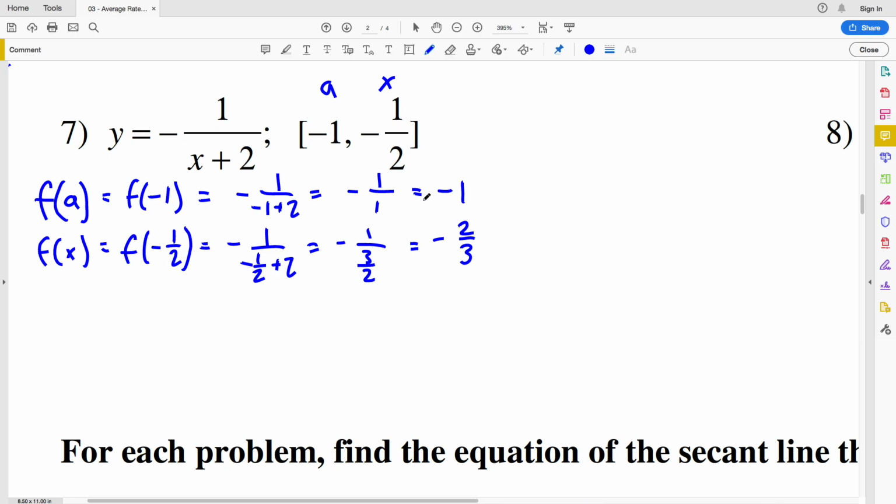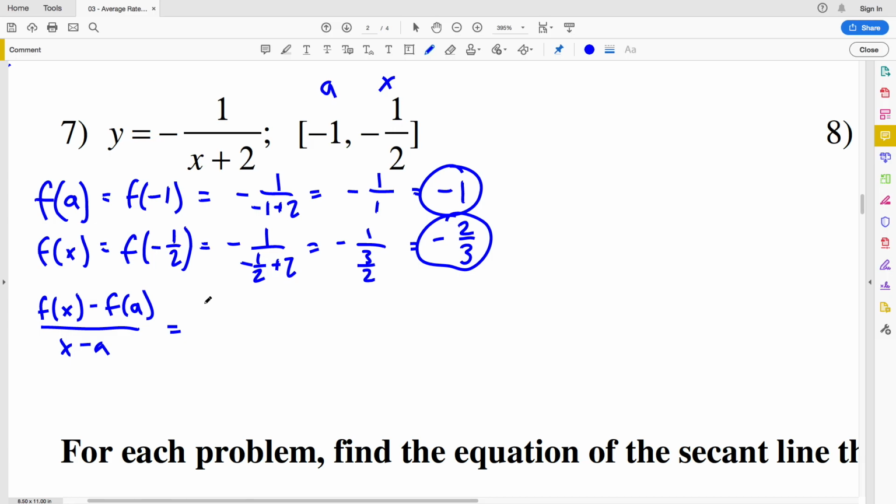Now that I have f of a and I have f of x, I can go ahead and plug that into my slope formula for the slope of the secant. That gives me that average rate of change over this interval. So f of x minus f of a all over x minus a.